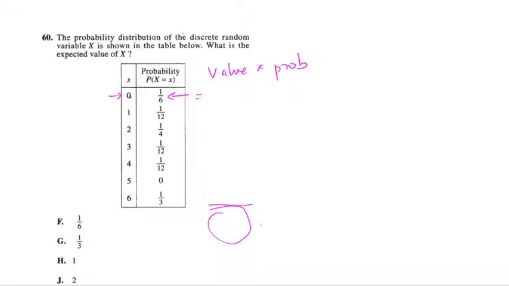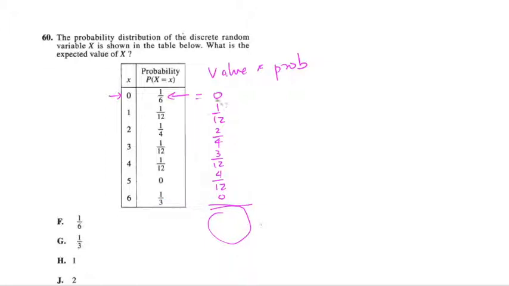So let's try this. 0 times 1/6 is 0. 1 times 1/12 is 1/12. 2 times 1/4 is 2/4. 3 times 1/12 is 3/12. 4 times 1/12 is 4/12. 5 times 0 is 0, and 6 times 1/3 is 2.